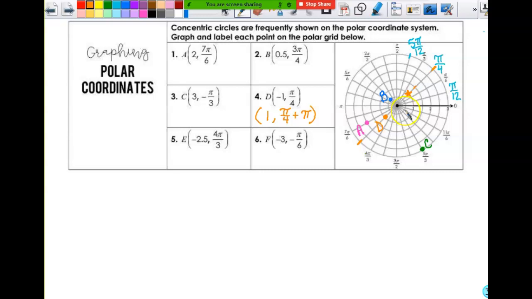So when we do this, if you go to 1 and then you go to pi fourths, since the radius is negative, pass through the pole and end up on the other side, that's how you get that point. Does that make sense? It's a little easier than rotating. We good with that? All right, so then you try number 5.